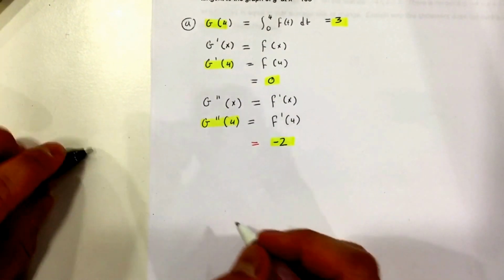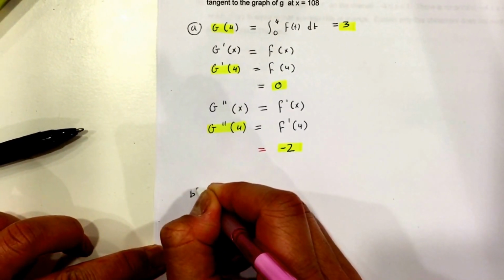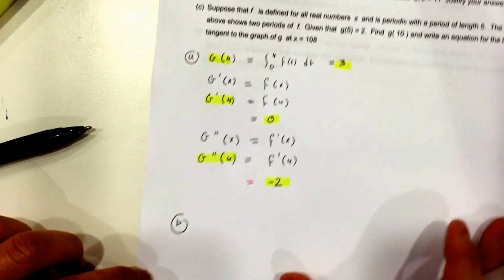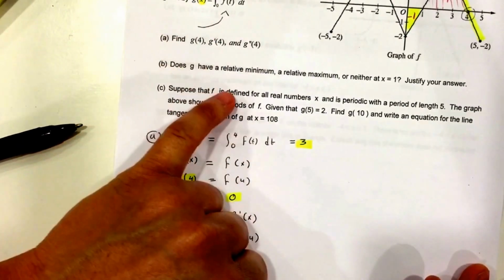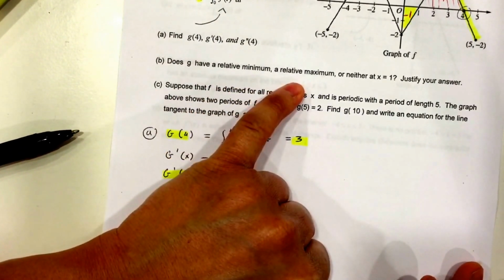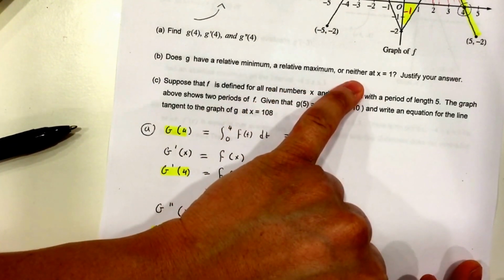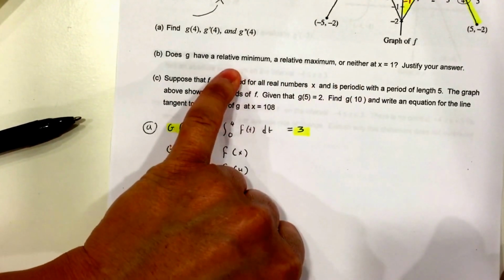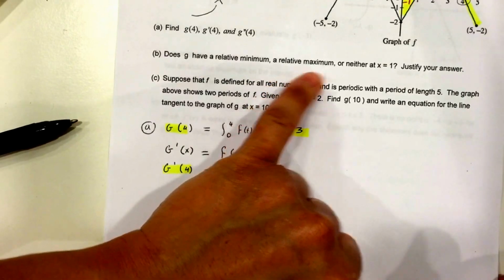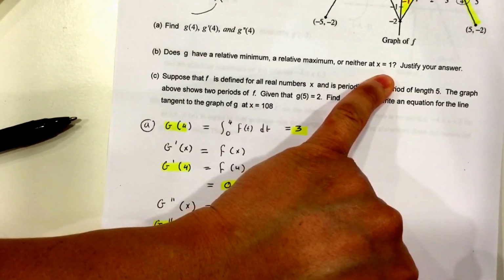So part B says, does function g, which is this function, have a relative max or relative min at 1 or neither? So if it has a relative max or a relative min, then 1 must be a critical point.